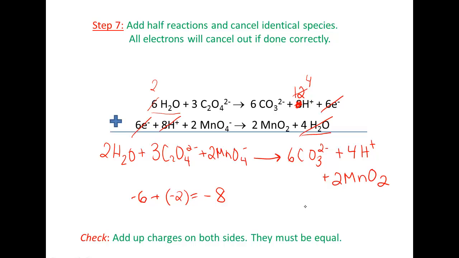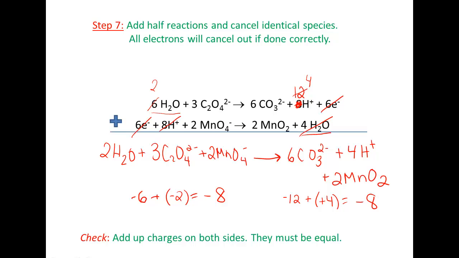Here we have 6 CO3 2 minuses, that's a -12 charge, and 4 H pluses, which is +4, that also gives us a -8 charge. That's a really great way of checking your work at the end of these problems.